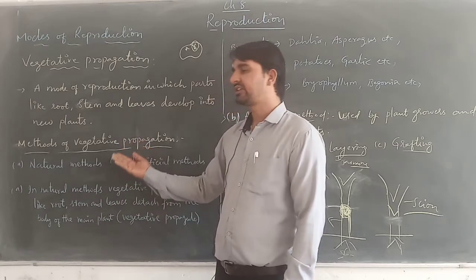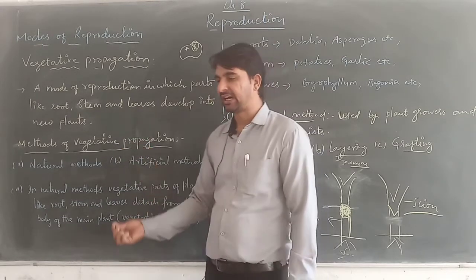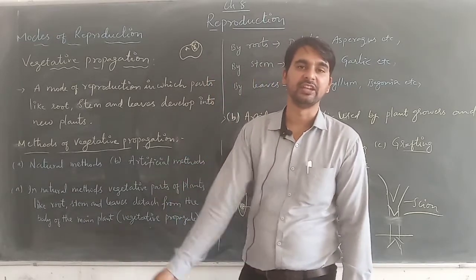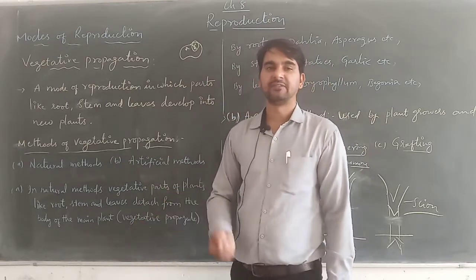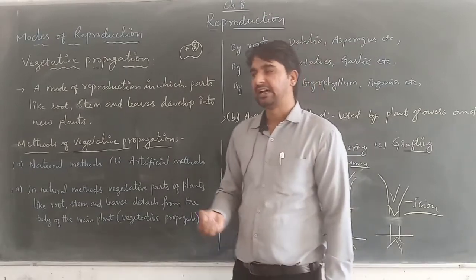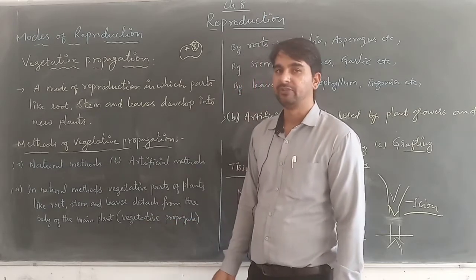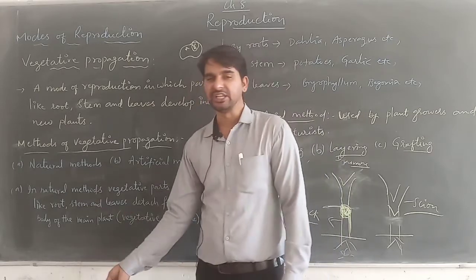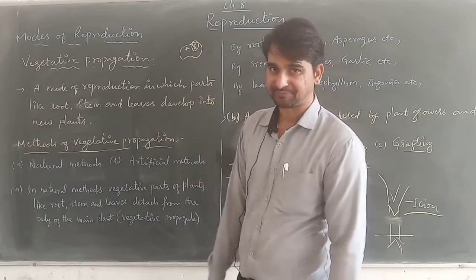In this natural method of vegetative propagation, any vegetative part of the plant, either root, stem or leaf, will be used to develop a small outgrowth or a small swelling from the bud region, known as a vegetative propagule. After attaining certain growth it detaches from the parent body and develops as a new plant.